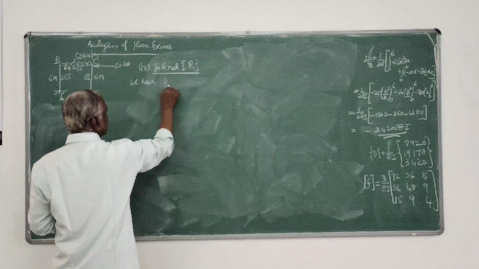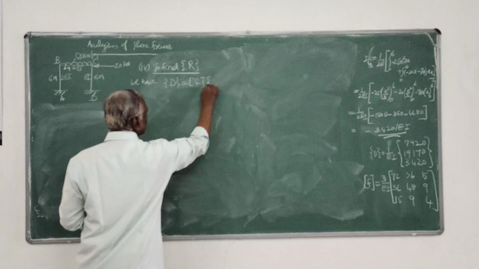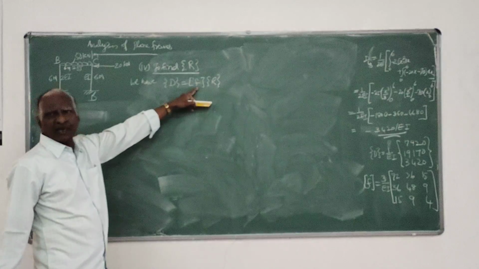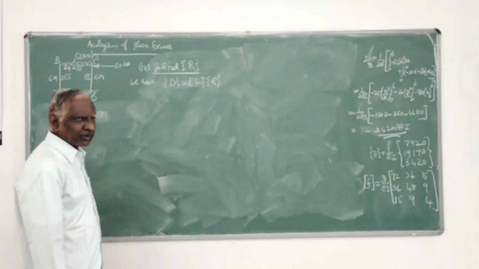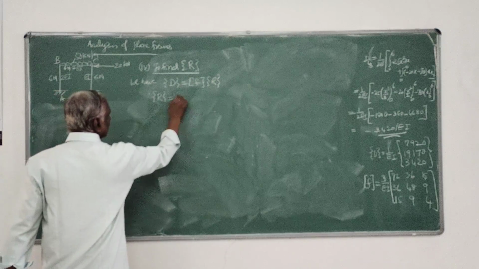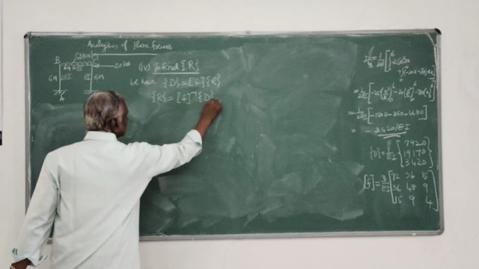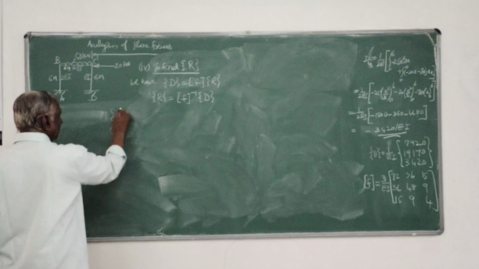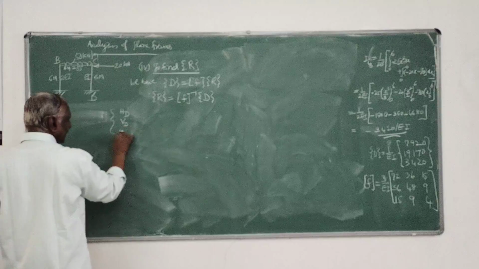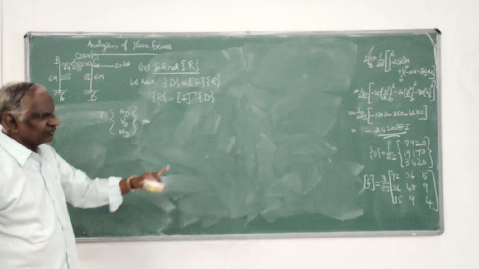We have D is equal to F into R. I have evaluated D and F. R I have to find out. Therefore, R is equal to F inverse D.